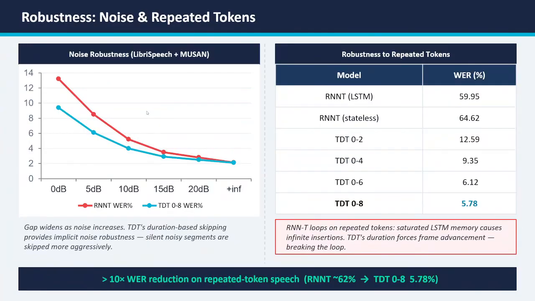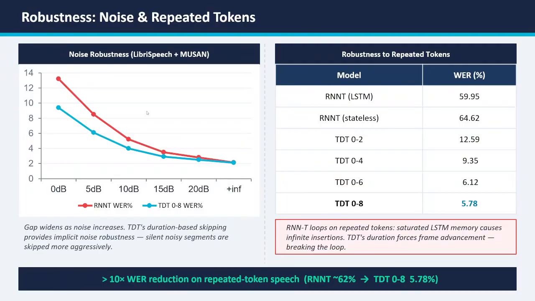Beyond pure speed, TDT brings two unexpected benefits. First is robustness to noise. In noisy environments, TDT's error rate is significantly lower than RNN-T's because the model simply learns to skip over noisy silent segments entirely. Second, it solves the repeated token problem.